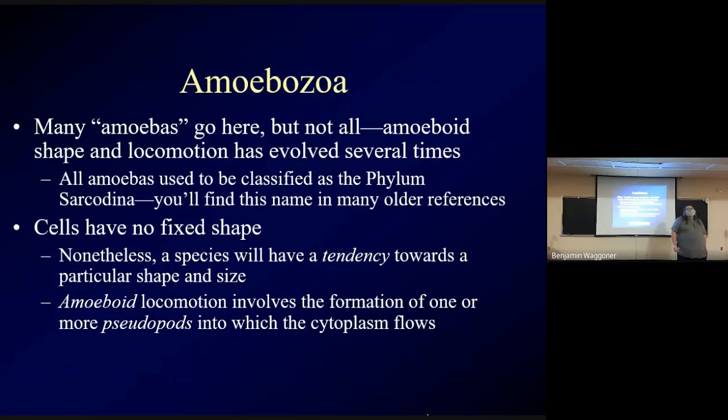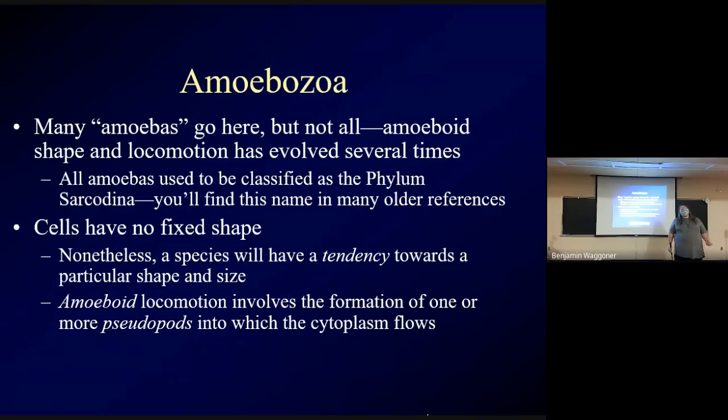Amoebas move by amoeboid locomotion, and that means the cell will put out one or sometimes more extensions of the cell body called pseudopods, Greek for false feet, and the cytoplasm flows into the pseudopods.